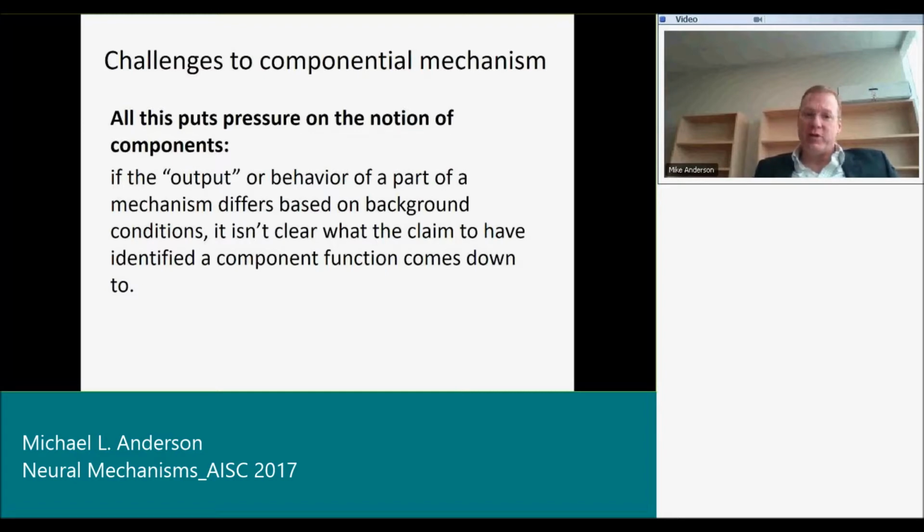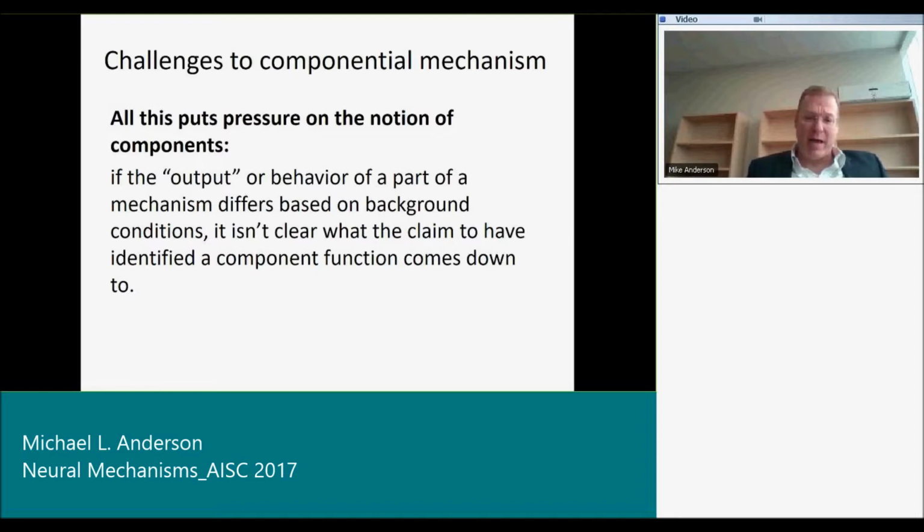And I think, again, this puts pressure on the very notion of components, right? The whole idea of a component is an identifiable subpart of a system with a very particular output. But if the output or behavior of a part of the mechanism is different based on background conditions of the larger mechanism, what hippocampal place cells do is fire in sync with gamma fluctuation when an animal is at a place, and either a little bit before or a little bit after that fluctuation in other circumstances.